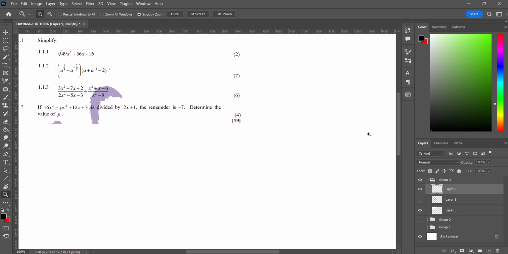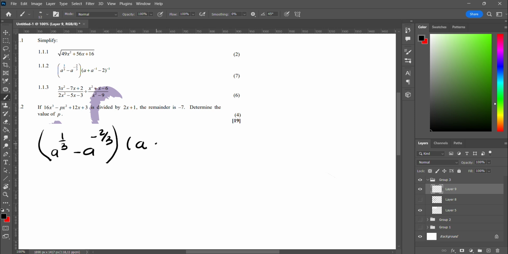So we're going to simplify this, which looks really long, but if you simplify it, you'll see. So we have a over 3 minus a minus 2 over 3, times a plus a to the minus 1 minus 2 all to the minus 1.